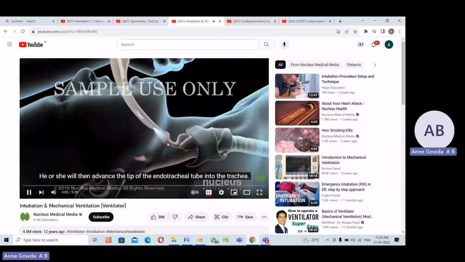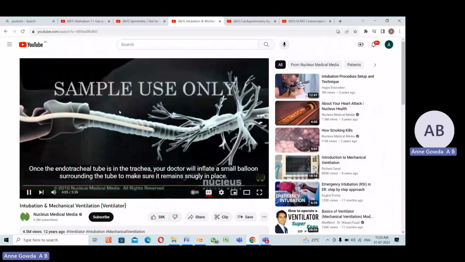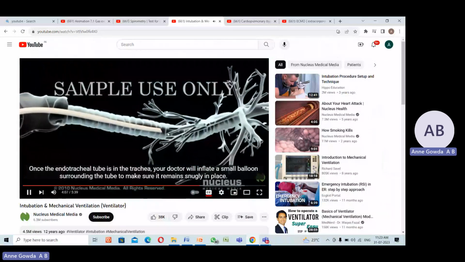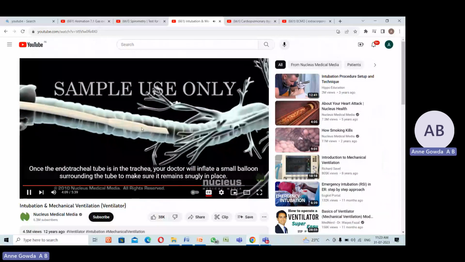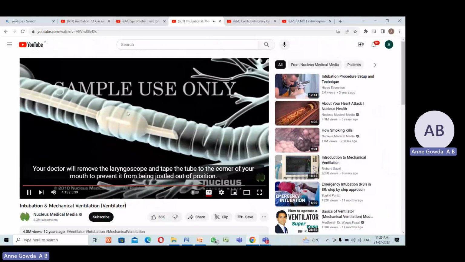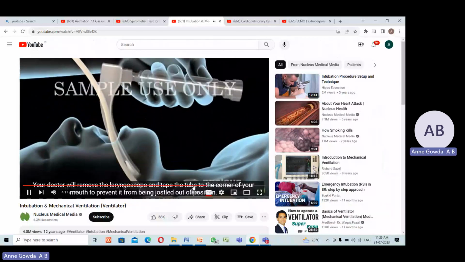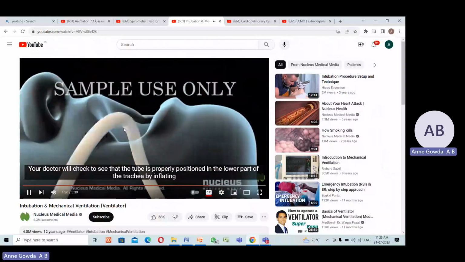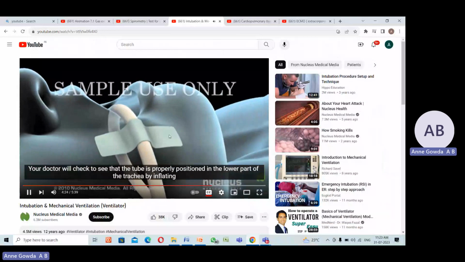After inserting this laryngoscope, one guide wire will be sent through it. Through the guide wire, one balloon will be sent. That balloon decides the position where you need to place the guide wire.